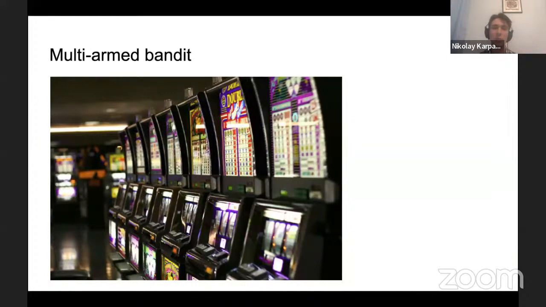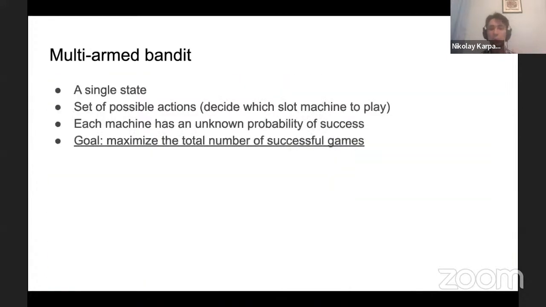So this is the problem set up. You have only one state, and in this single state, you select which slot machine to play. So you have n possible actions, where n is the number of the machines. And each machine has an unknown probability of success. Some of them are better, some of them are worse, and you don't know that beforehand.